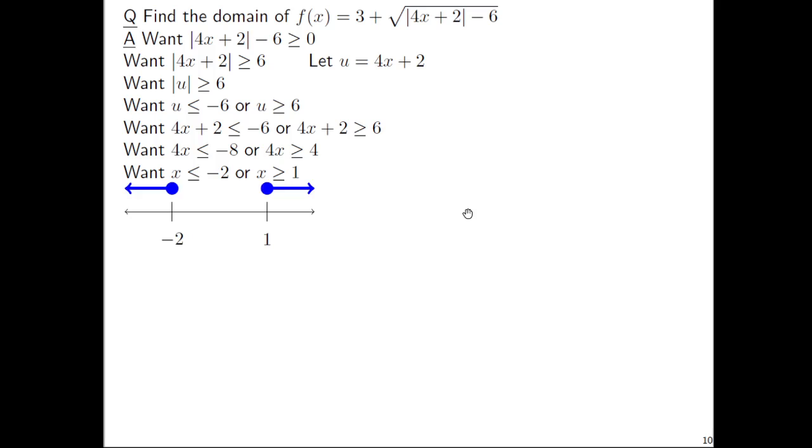Here's a picture of that, and here's the domain written in interval notation: parenthesis negative infinity, comma, negative 2, square bracket, union, square bracket 1, comma, infinity, parenthesis. So this one's a little more challenging, but it's at least not mixing a want and an avoid. It's challenging because once you've set up the inequality, you actually have an absolute value inequality.